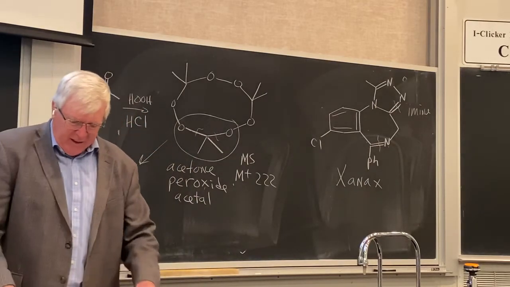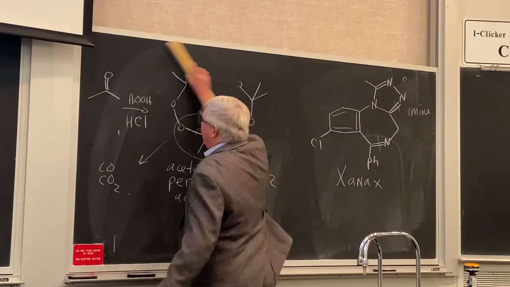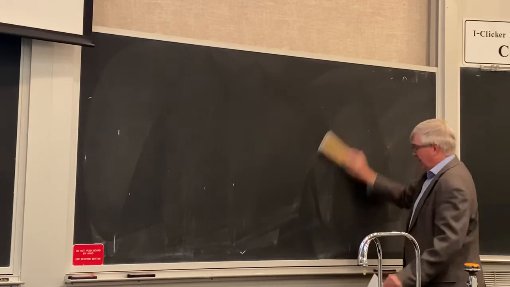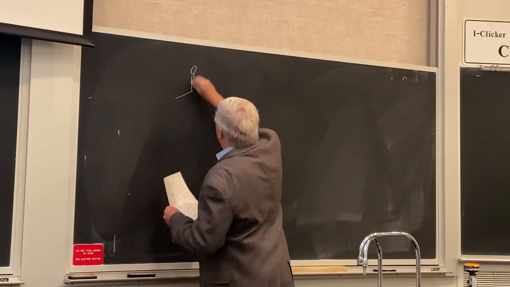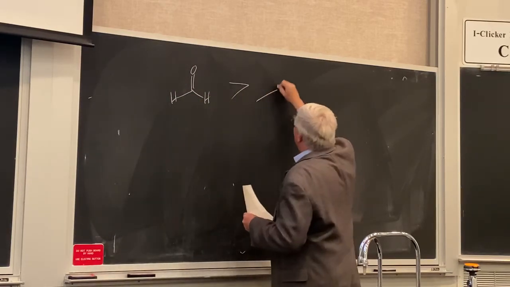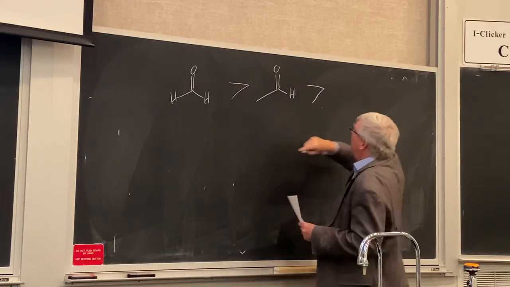All right, let's look at the reactions in general with aldehydes and ketones. We've actually already done this, but I like to point this out here. Reactivity-wise, the simplest aldehyde, formaldehyde, is more reactive than general aldehydes. So higher reactivity we're talking about.